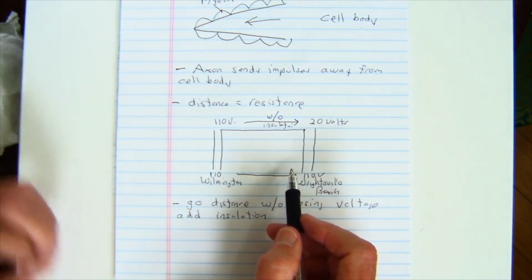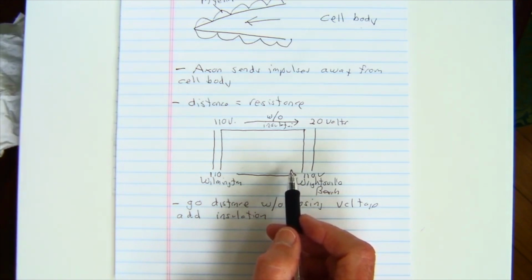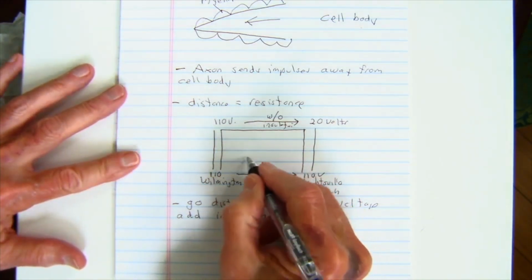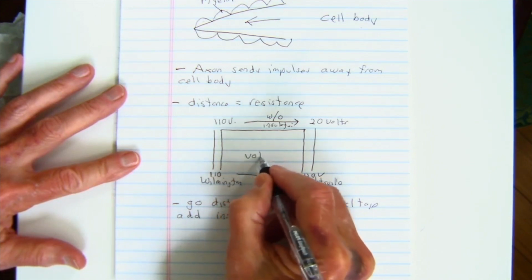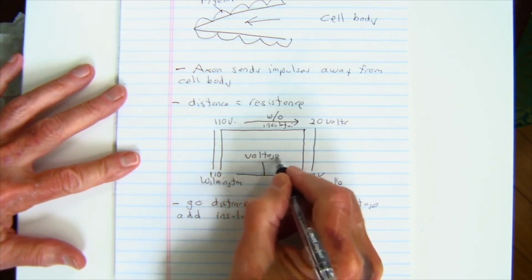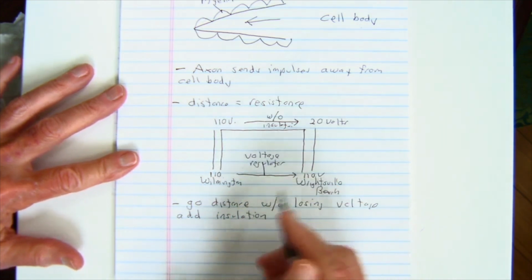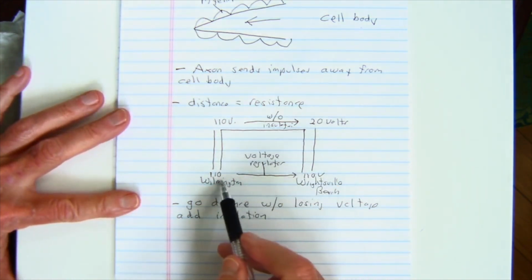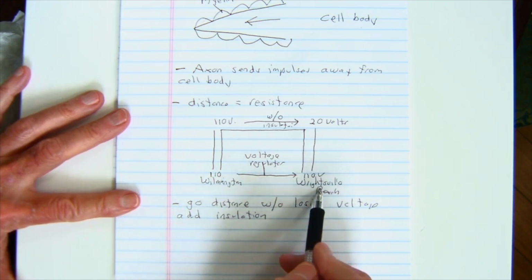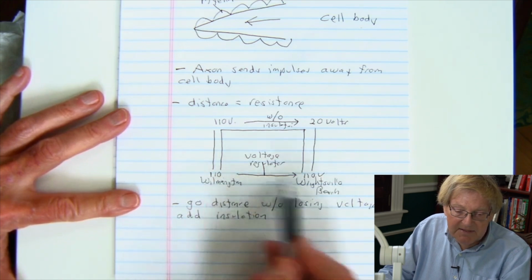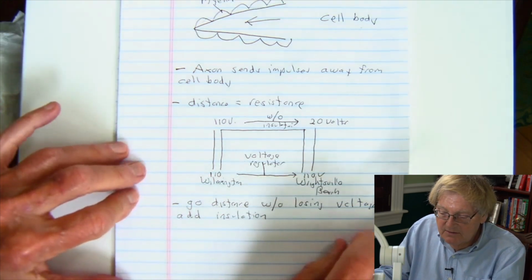So you're going to see as you're driving along the road that there are going to be voltage regulators along the way. And we'll just write here the term voltage regulator. The importance of that is to keep the voltage constant when I have that distance all the way from Wilmington to Wrightsville Beach.